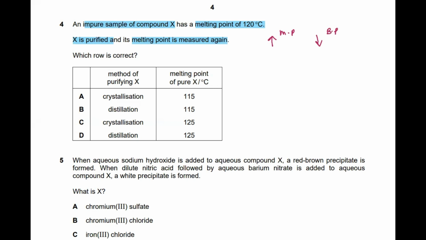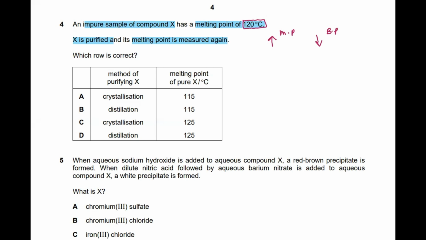So the melting point of the impure sample will definitely be more than 120 degrees Celsius because you have impurities present in it, right?